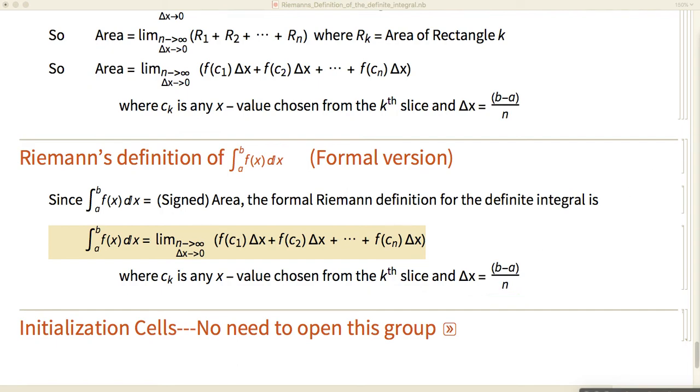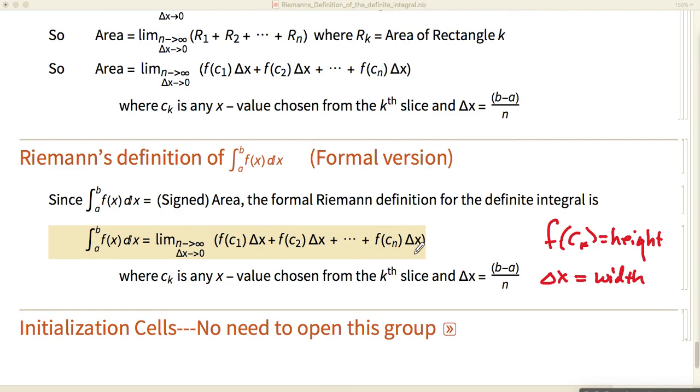And the final thing that I want to make a note of here is that f of ck is the height of rectangle k, and delta x is the width of the kth rectangle. And so that's why this is the sum of the areas of the rectangles.